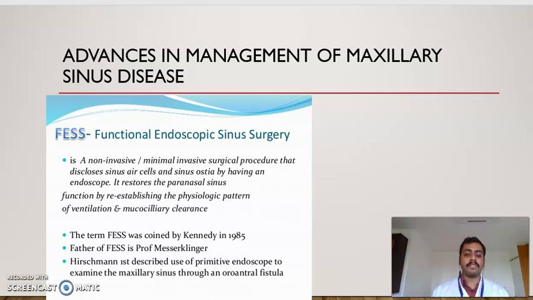It restores the paranasal sinus function by re-establishing the physiologic pattern of ventilation and mucociliary clearance. The term FESS was coined by Kennedy in the year 1985. The father of FESS is Professor Messerklinger. Hirschmann first described the use of a primitive endoscope to examine the maxillary sinus through an oroantral fistula.